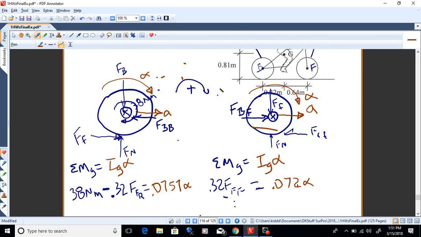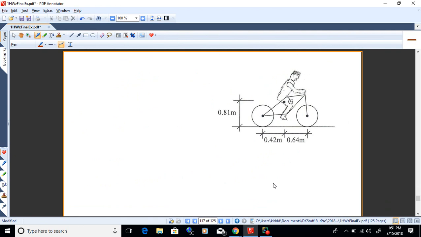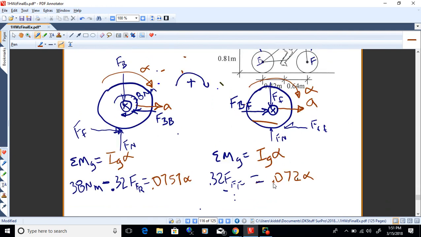Now the problem is we've got three unknowns in these equations: alpha, force of friction on the rear, and the force of friction on the front. So we need to generate one more equation that's going to include, preferably, all of those variables, okay?